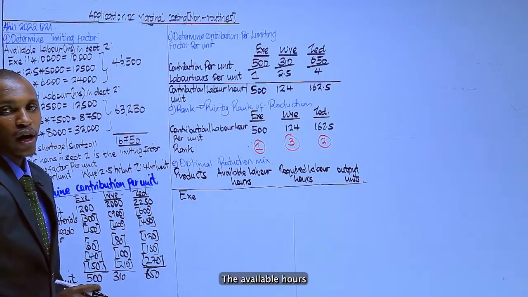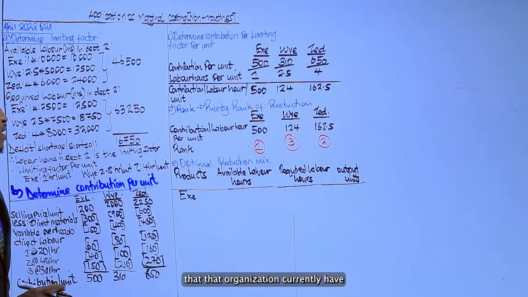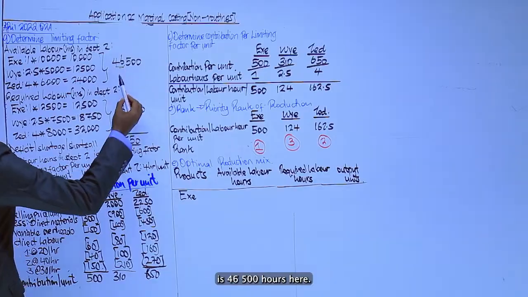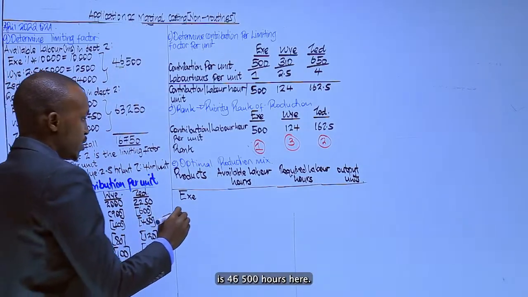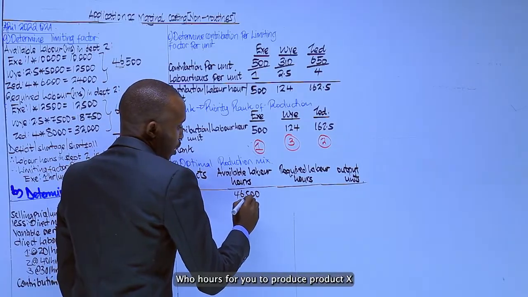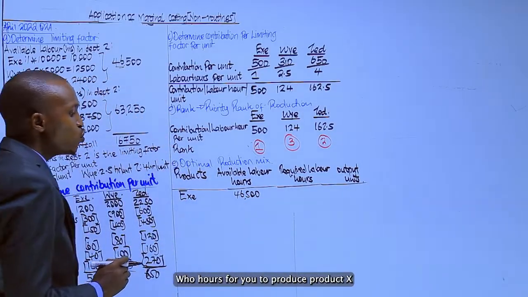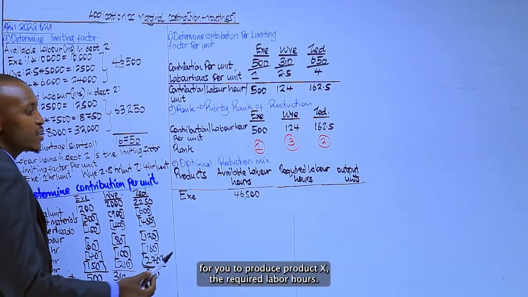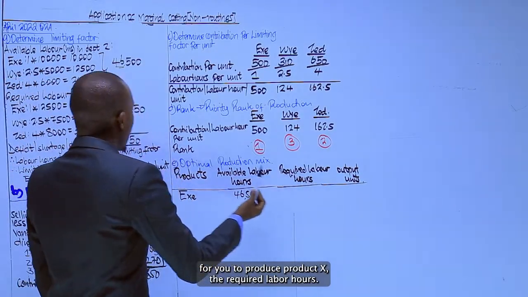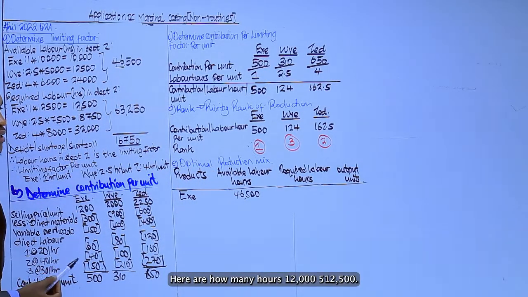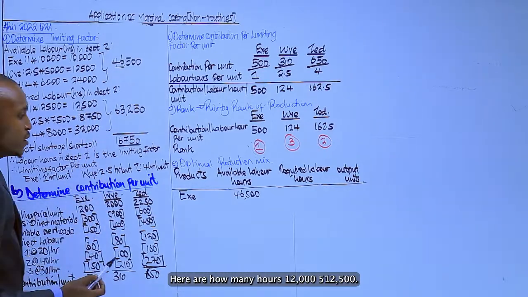The available hours that the organization currently has is 46,500 hours. So here you write 46,500 hours. For you to produce product X, the required labor hours here are 12,500.